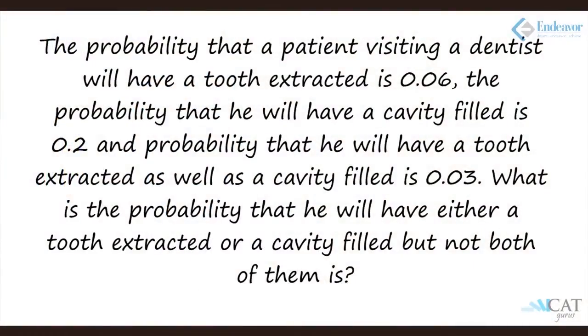Let us look at another interesting question wherein we will see the application of probability, to be specific conditional probability. Say the probability that a patient visiting a dentist will get his tooth extracted is 0.06, and a patient getting his cavities filled is 0.2, and we are also given that the probability that a patient will get both these things done is 0.03.